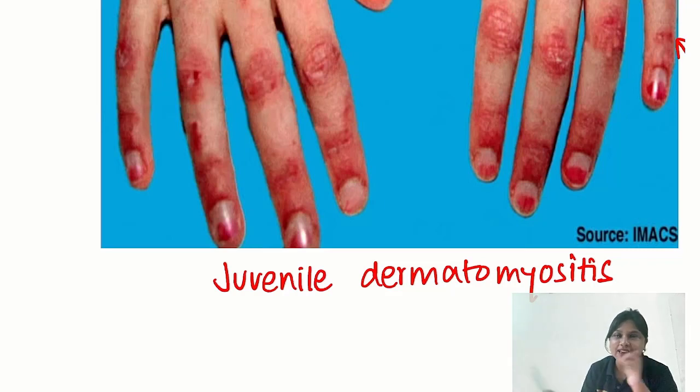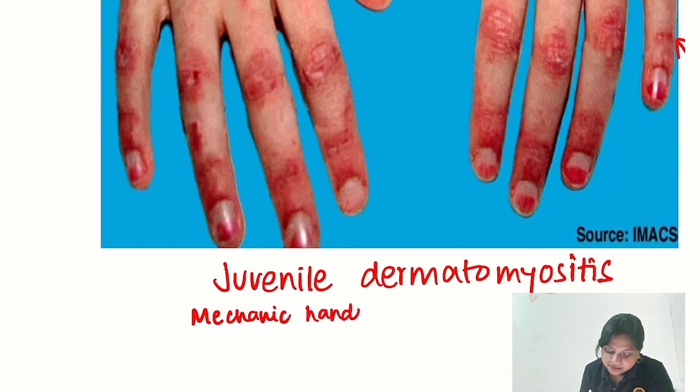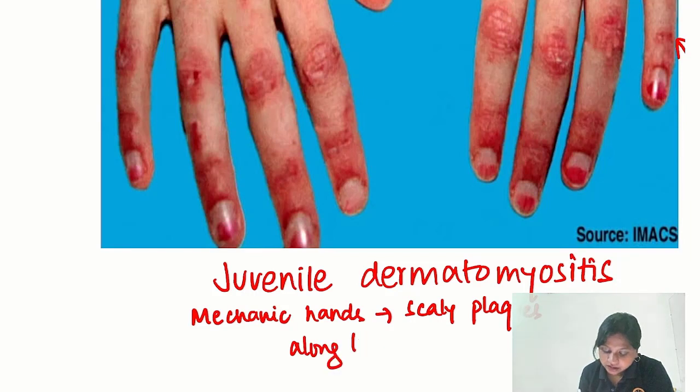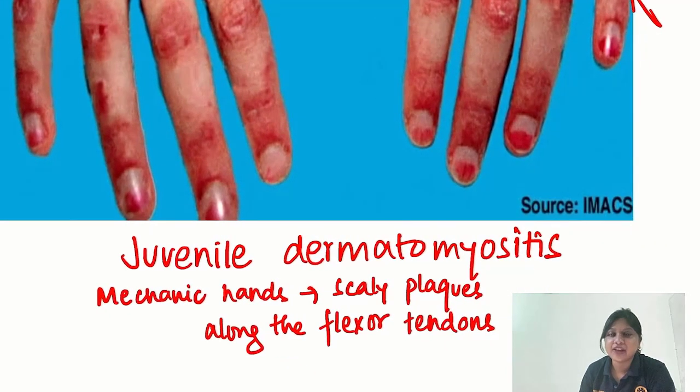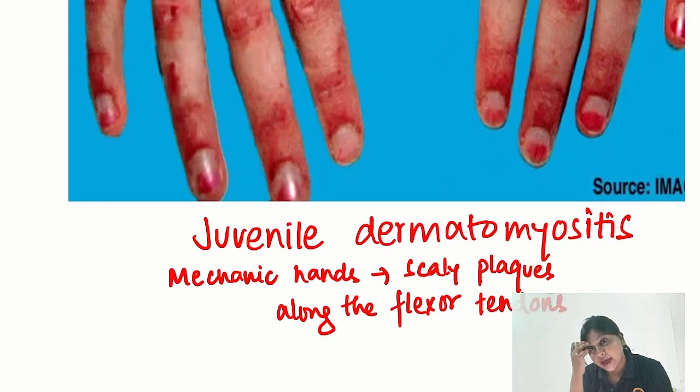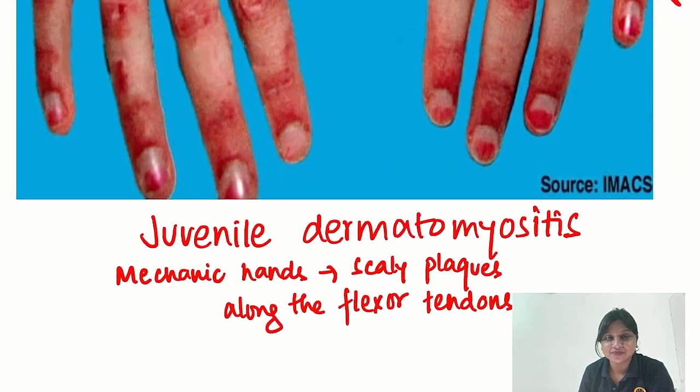Next is mechanic hands. So what is mechanic hands? It is nothing but scaly plaques along the flexor tendons. Scaly plaques along the flexor tendons is what we know as mechanic hands.